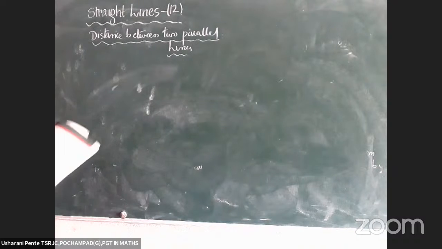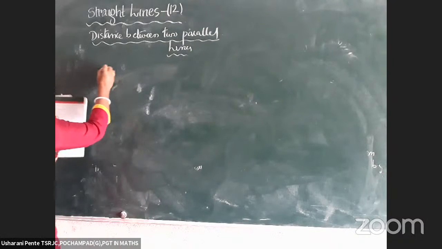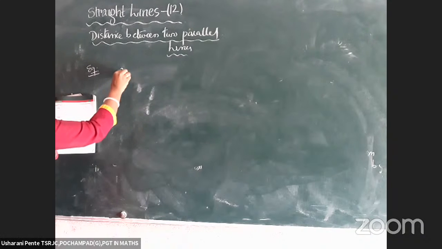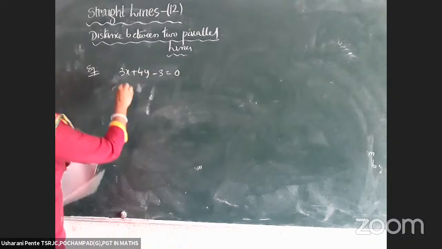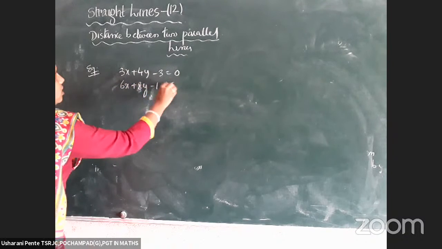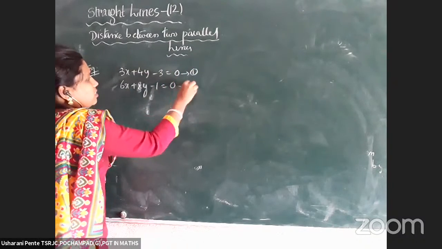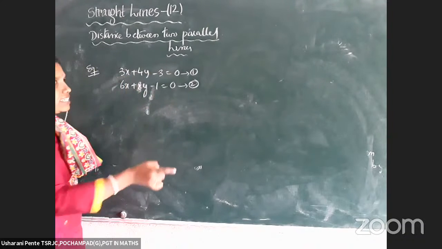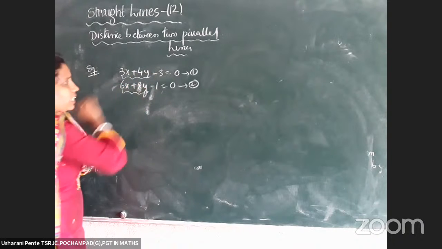So let us look at some examples. Find the distance between the parallel lines. They have given 3x plus 4y minus 3 is equal to 0 and 6x plus 8y minus 1 is equal to 0. Put it as equation 1 and this as equation 2. So we know that parallel lines differ by only a constant.